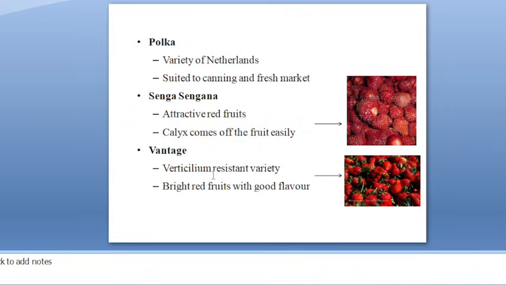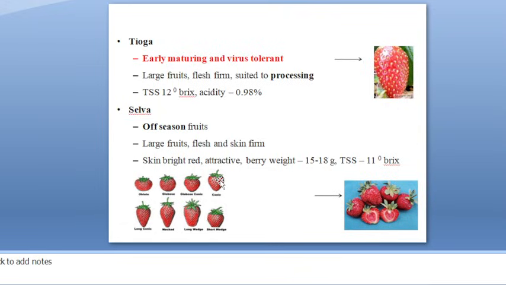Vantage is one variety. It shows resistance to verticillium wilt. Verticillium is the major problem in strawberry cultivation. So this variety we can use for getting strawberries without any verticillium problem. Tioga is an early maturing variety.